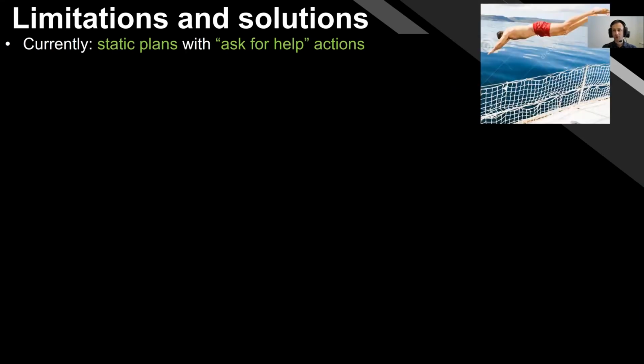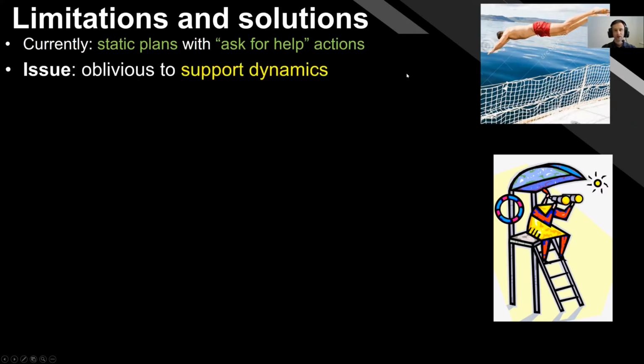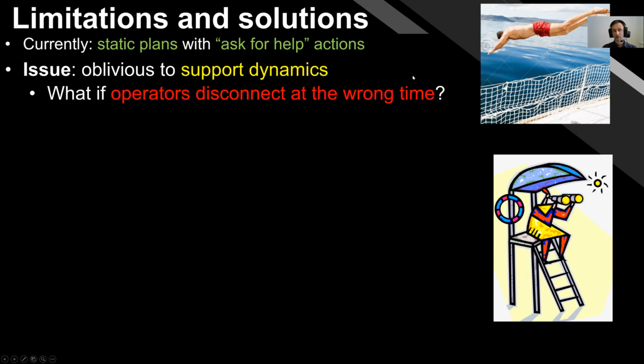When it comes to existing solutions for adjustable autonomy, nowadays it's mostly static plans with some kind of ask-for-help actions. So before jumping into the water, check that you're being watched by the watchman. The issue is that it's very oblivious to many dynamics of support and help providing. So things like, what if operators disconnect at the wrong time?